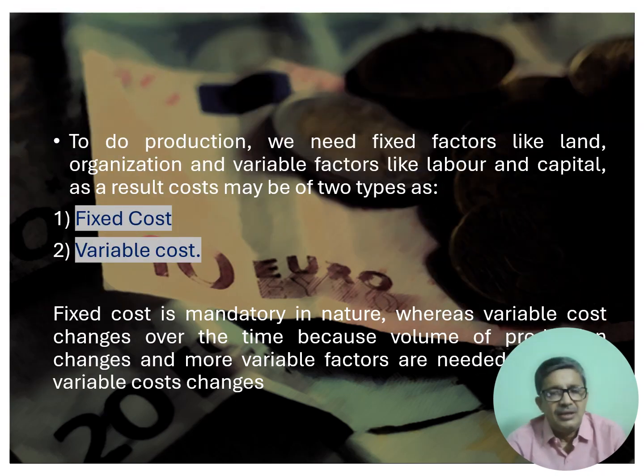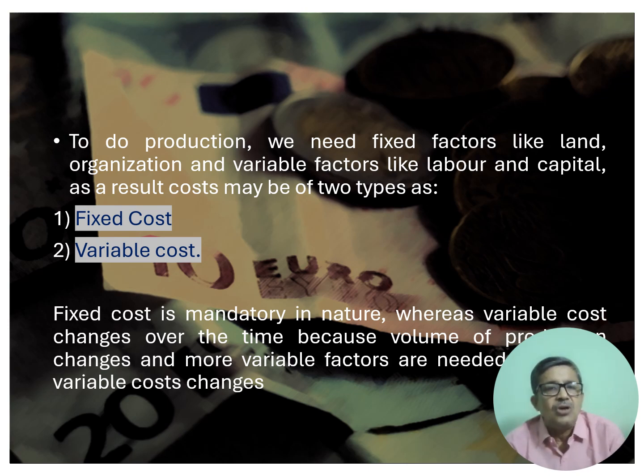For utilizing these four factors, we need two different types of costs, fixed cost and variable cost. For utilizing fixed factors like land and organization, fixed cost is needed, whereas for variable factors, labor and capital, variable cost is needed.